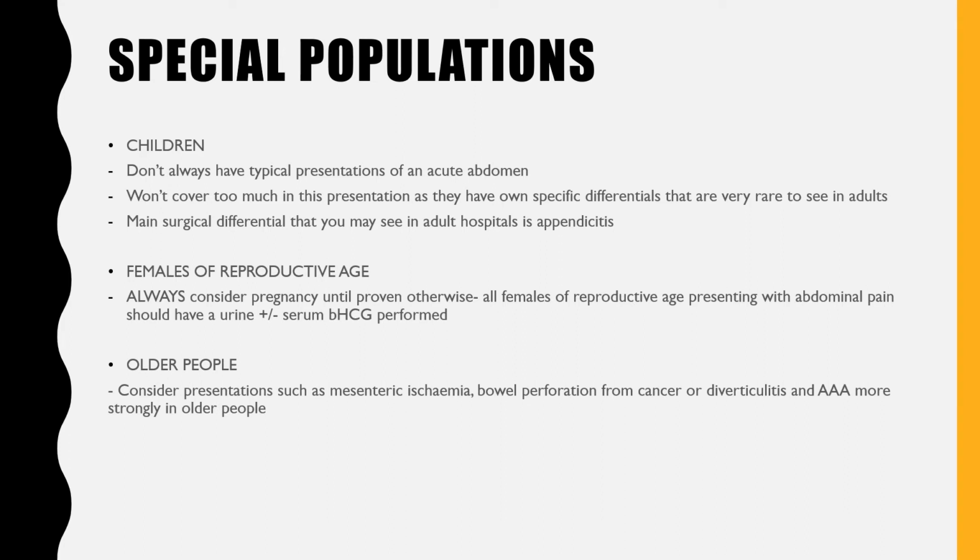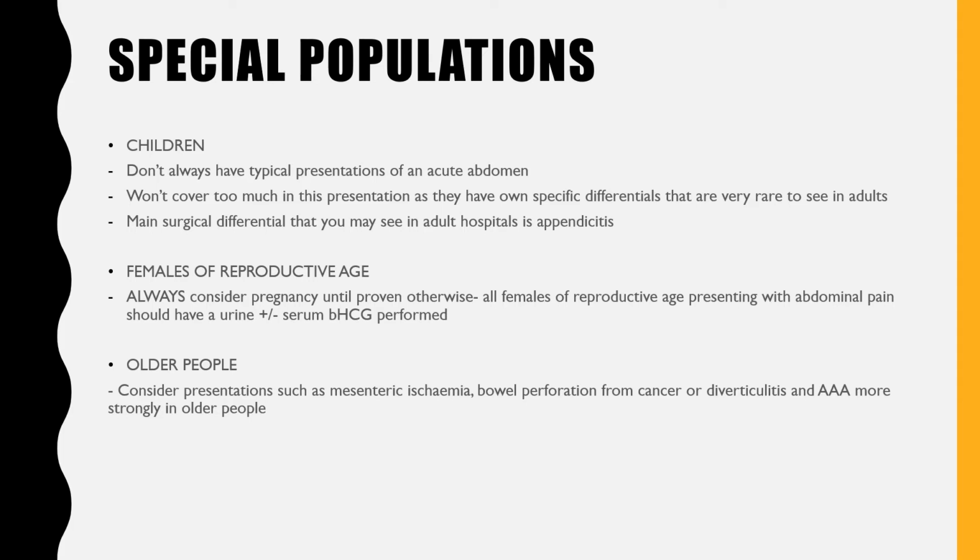And in older people, certain things are more likely. They're more likely to have comorbidities, things like heart disease, AF, more likely to have cancer. So you should just have more concern for things like mesenteric ischemia, which is often caused acutely by someone throwing up a clot from atrial fibrillation, from bowel perforation, from either a diverticulum or from cancer, and more likely to have ruptured AAAs the older that people get.